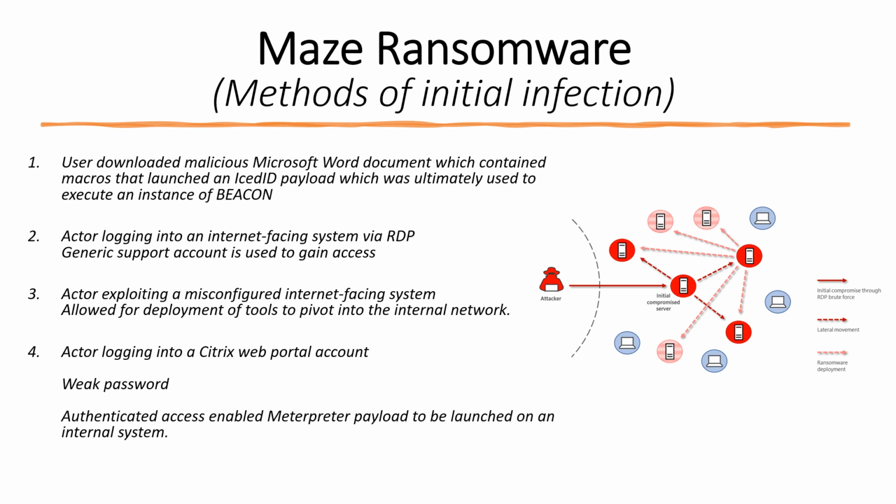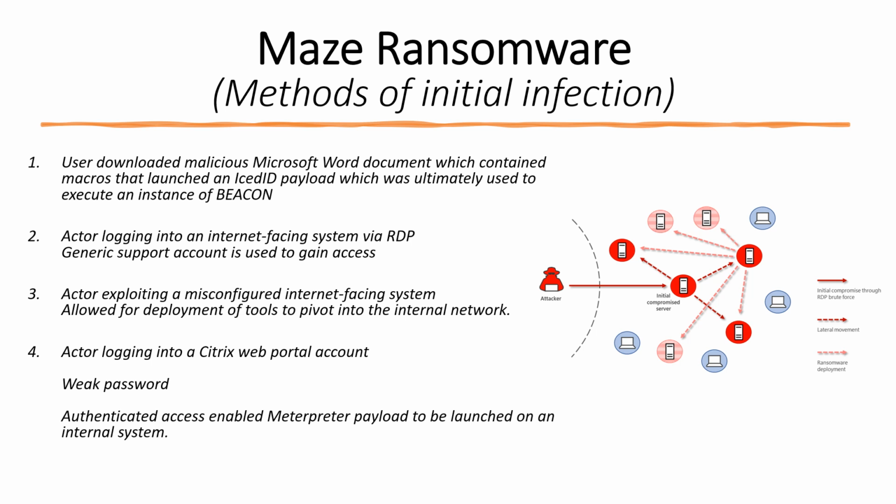The methods of initial infection for Maze ransomware are: a user downloads a malicious Microsoft Word document which contains a macro that launches an ICEDID payload, which is ultimately used to execute an instance of Beacon. An actor logs into an internet-facing device via remote desktop protocol. A generic support account is used to gain access.